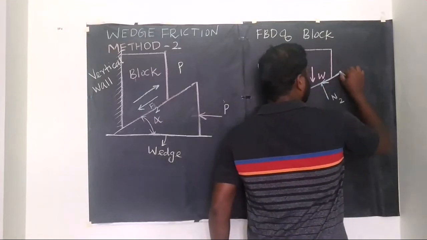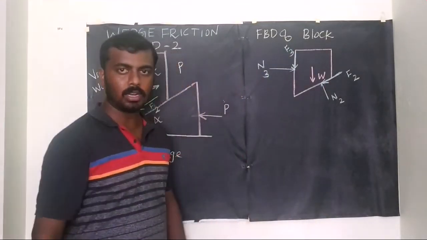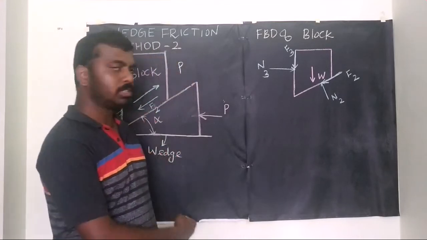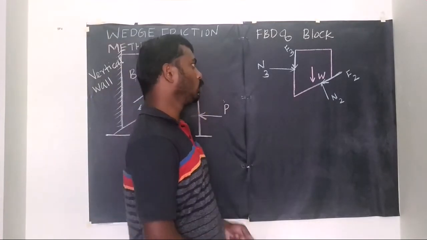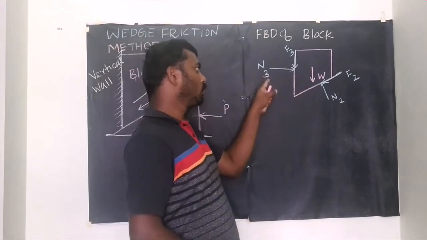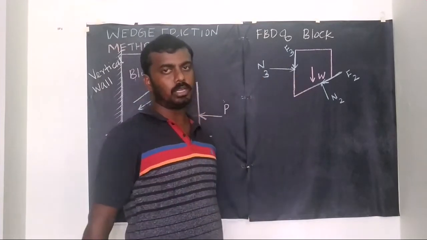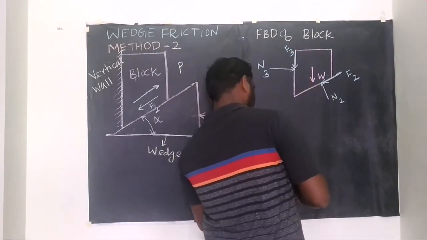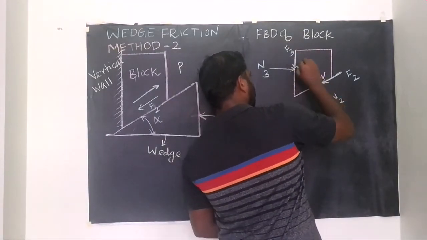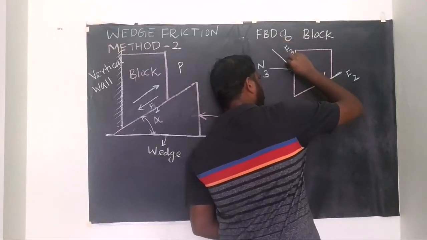Then come to our basics, what we learned at the start of this video, that is angle of friction. Now I am going to replace these two forces with a single force, called the resultant force. This force comes in between these two forces.